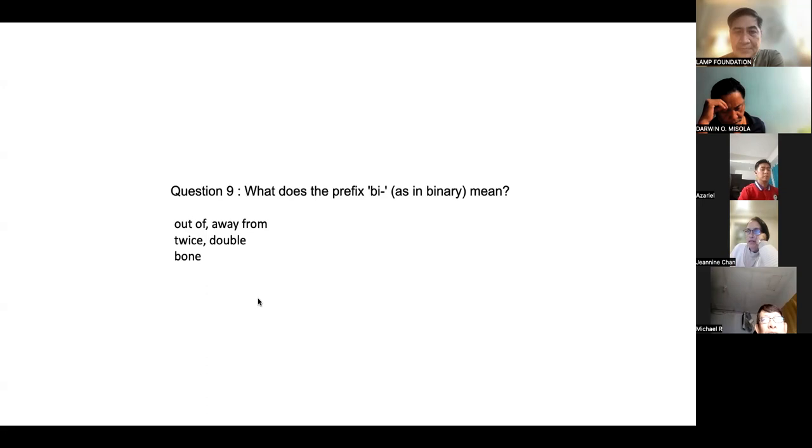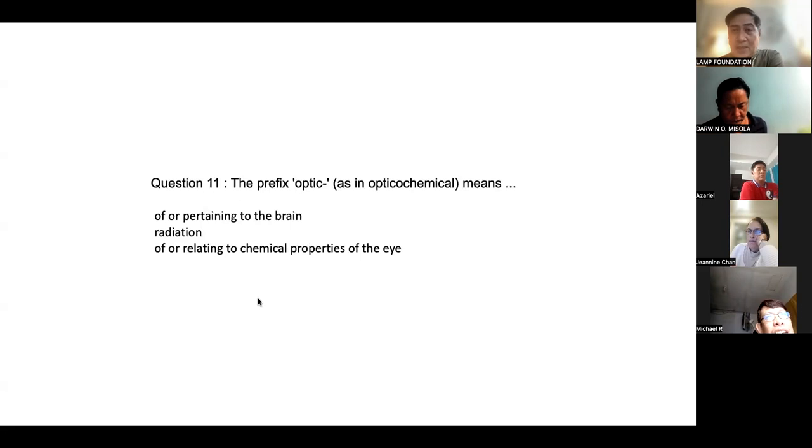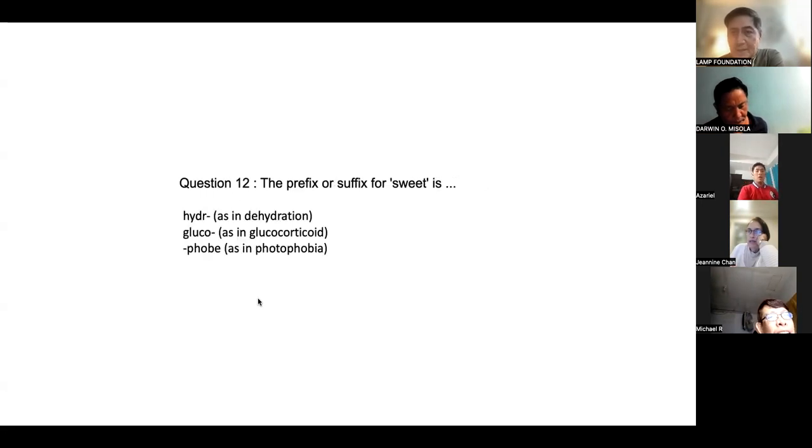Twice, double. Which of the following means water? Hydro-, as in dehydration. What does the prefix opto-, as in optochemical, mean? Relating to the eye. The prefix or suffix for sweet is? Gluco-, as in glucocorticoid.